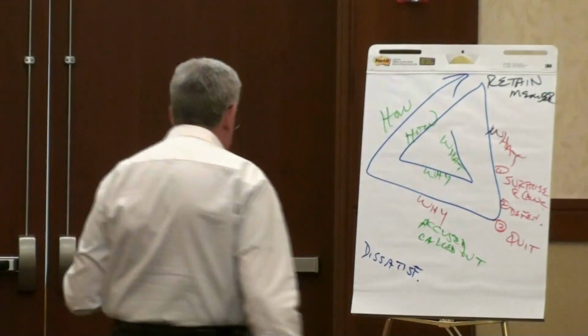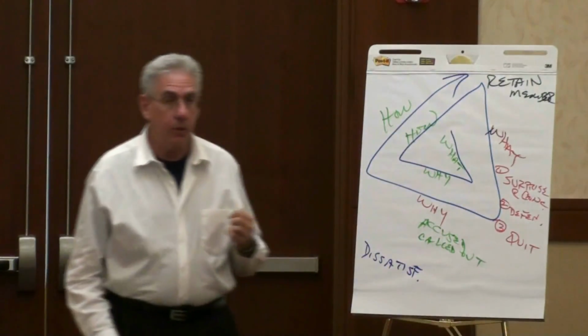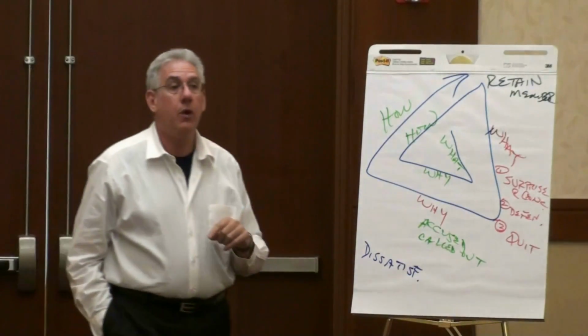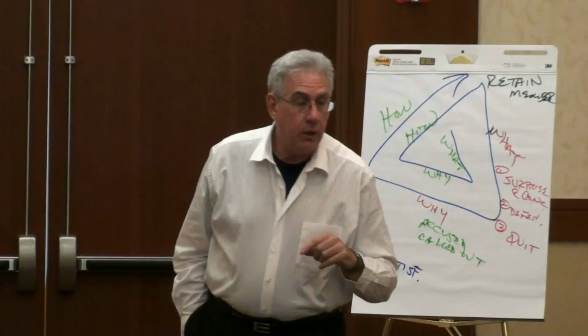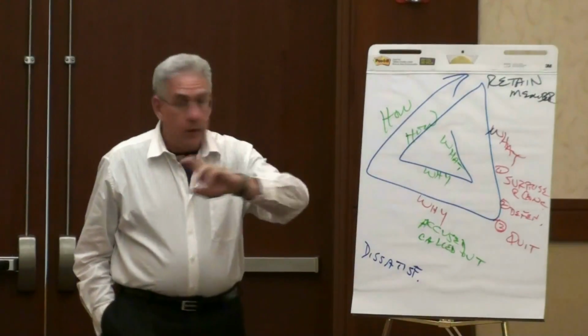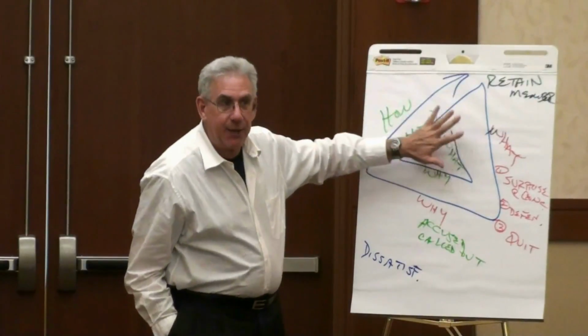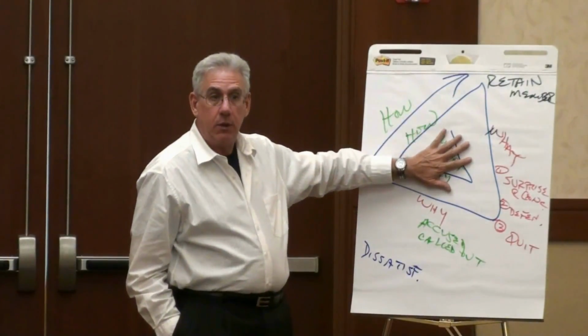You're going through the entire process and you realize, wow, this would be the very worst thing that can happen. You know, to quit is what I want, and I can't get to quit. And here's your check back. That's the second purpose of the double triangle.